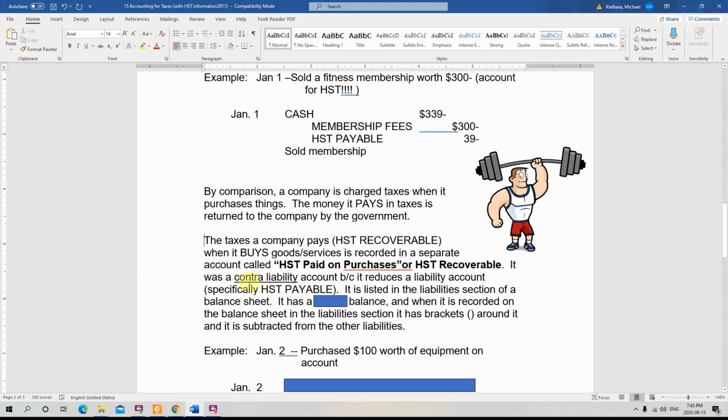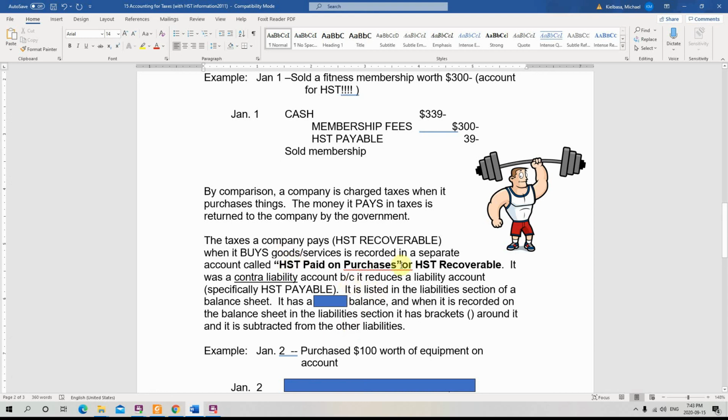So it specifically reduces HST payable, or HST charged on sales.